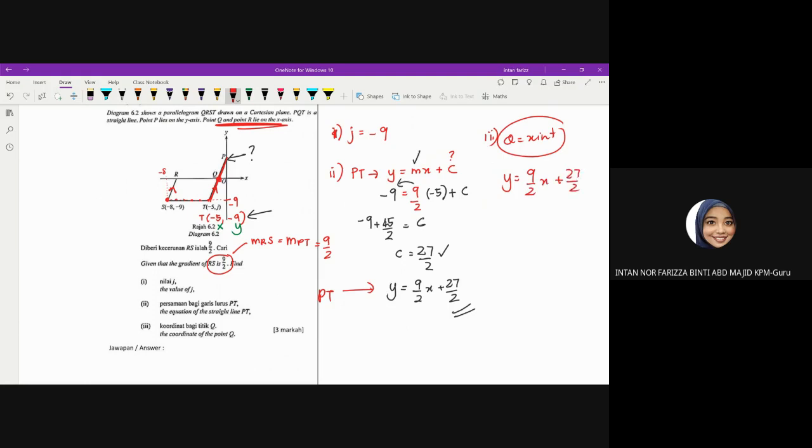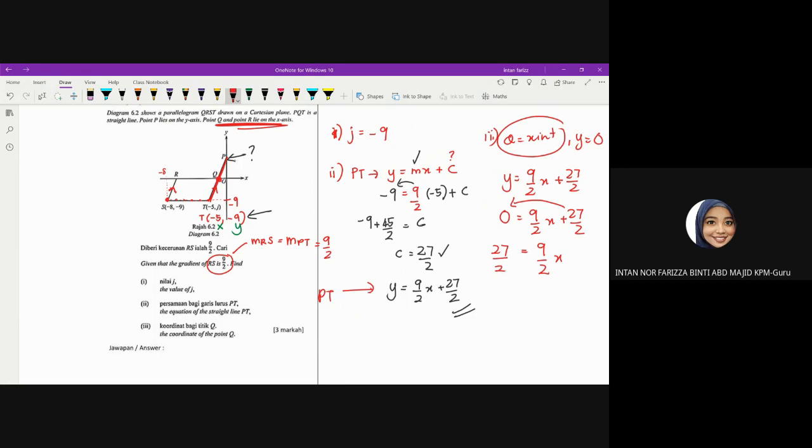So since we are finding the X-intercept, that means Y will be 0. Put the 0 here. So 0 equals 9 over 2X plus 27 over 2. Bring this one over here because I want my X to be positive. So kalau dia positive, dia berada dekat belah kanan. So this one is 27 over 2. You nak cross multiply boleh.